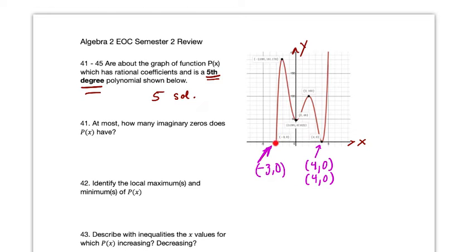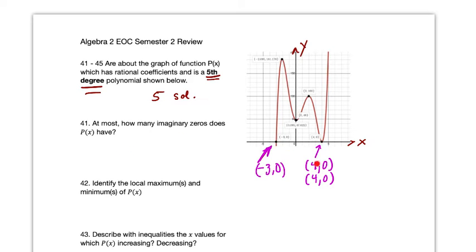And so we can see that it must have at least 3. This could maybe have a multiplicity of 4, but usually those are a little flatter right here. Let's see. At most, how many imaginary zeros does it have?